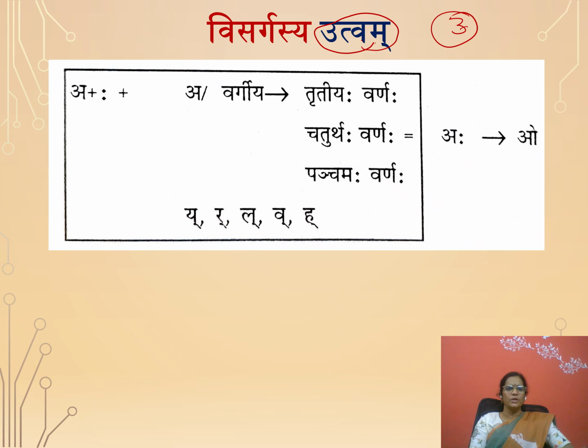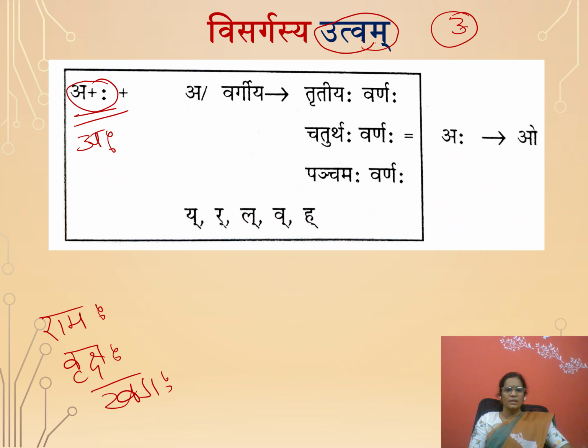Here, if the first word ends with aha, that is a plus visarga, like Ramaha, Vrikshaha, Khagaha, Simhaha. All the akaranta pullinga, ekavachan words come under this, ending with aha visarga. Right?